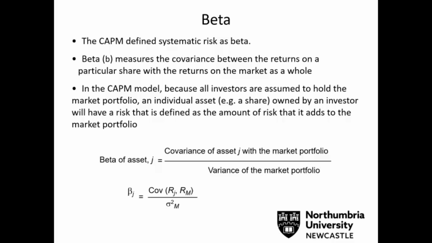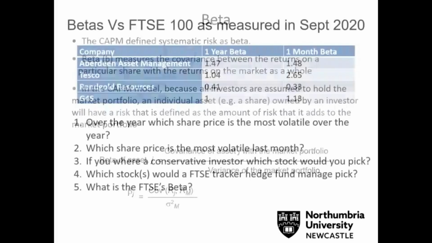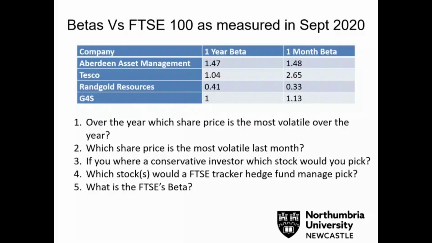It's a measure of volatility comparing a share against its market, and that it's calculated using the return data for each. We will plot that return data with a line of best fit, and the slope of the line is beta. So here is another example where I'd like you to stop the recording and try and answer the questions that are on the screen.